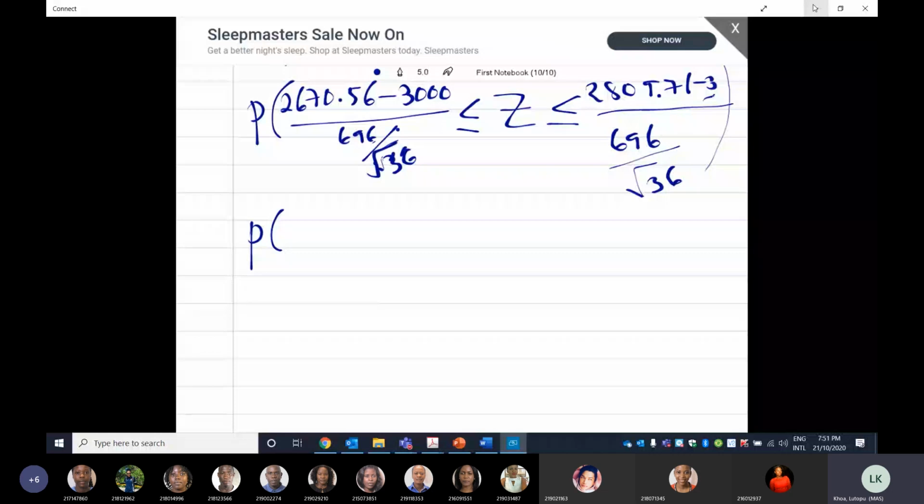I got negative 2.89. Is that right? Negative 2.84. Did anybody else get something different?